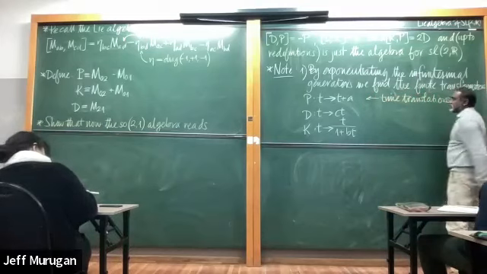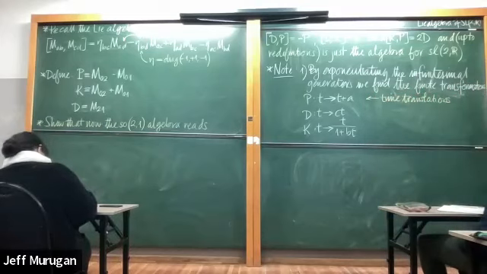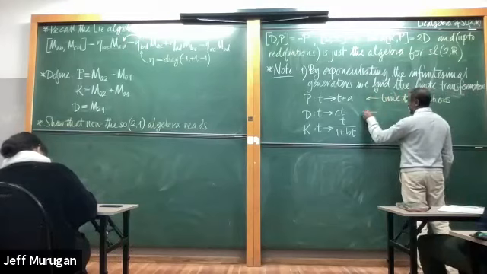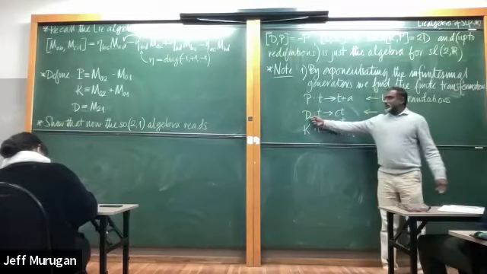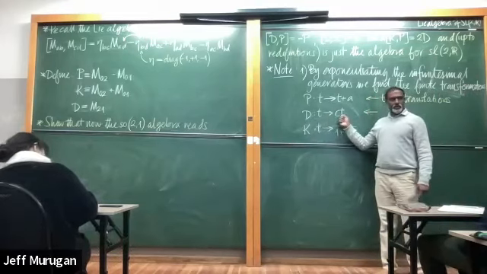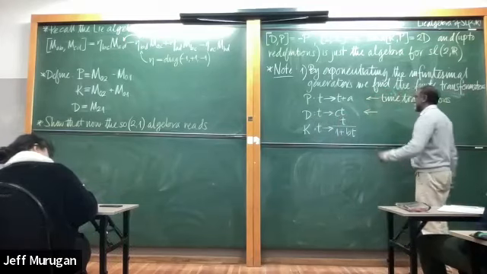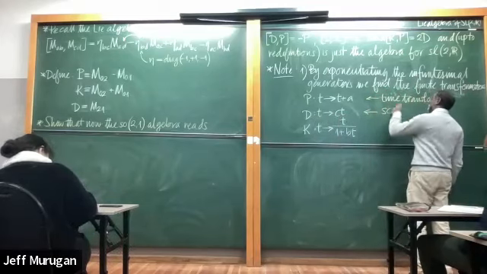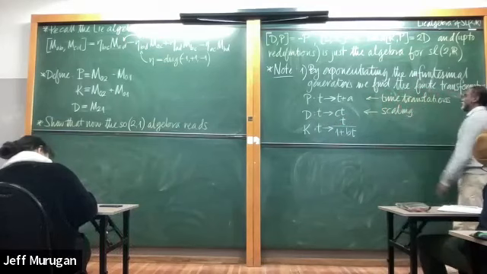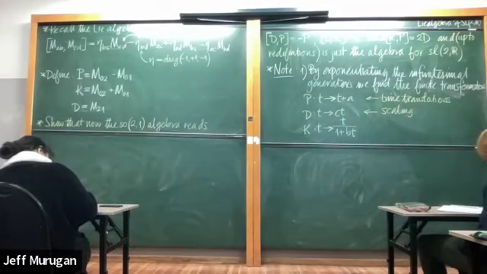We say that P is the generator of time translations. Similarly, D scales T by multiplying by a number. So this is scaling. We say that D is the generator of scaling transformations.